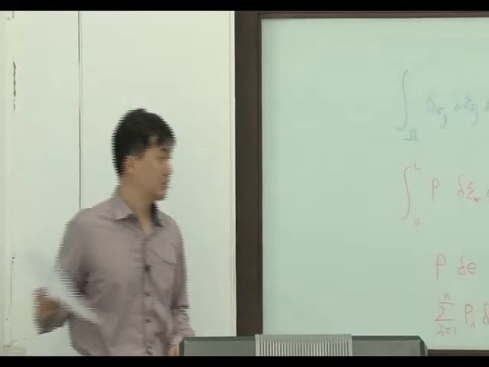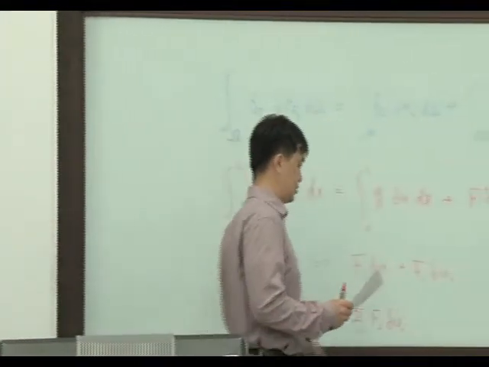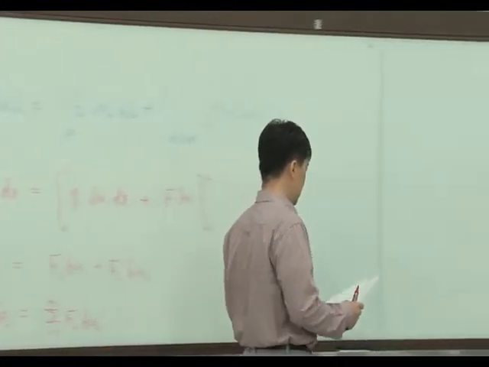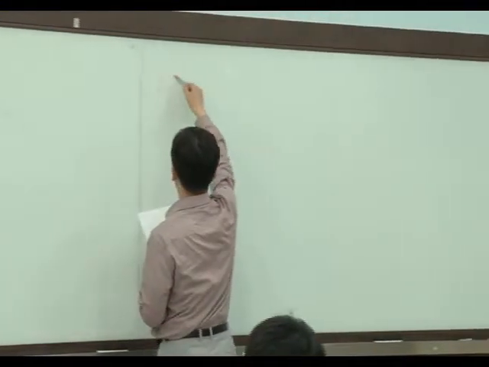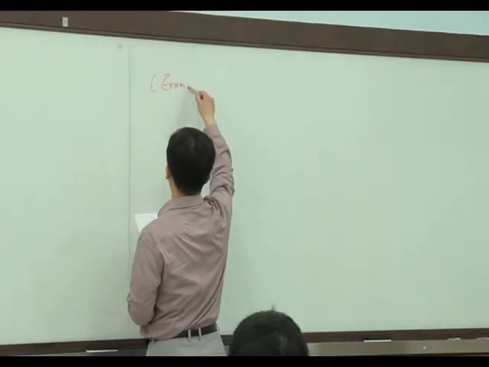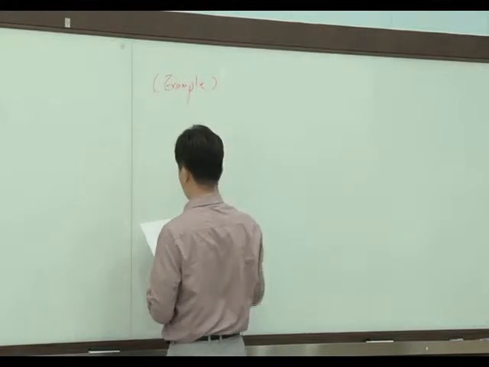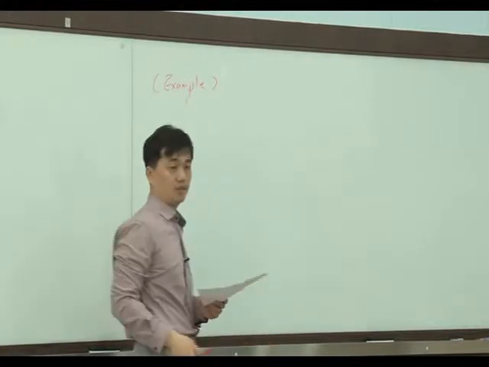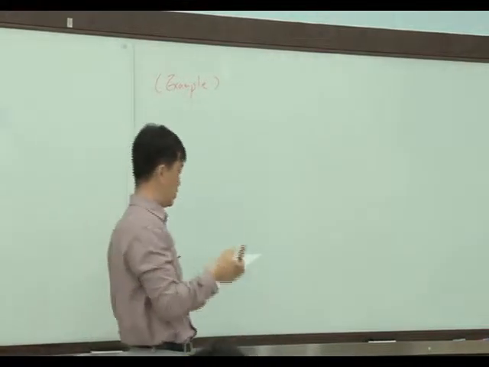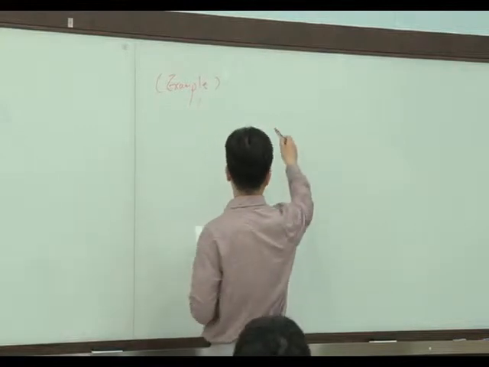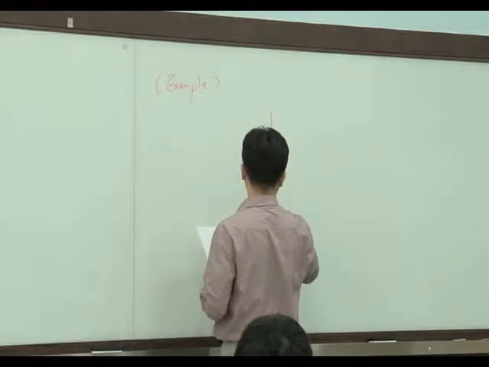Okay, then today I'd like to show you an example. A very simple truss system which has only two members. So the system is like this.